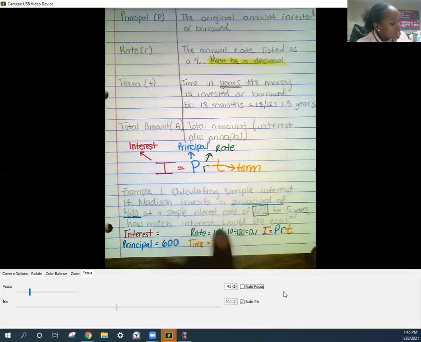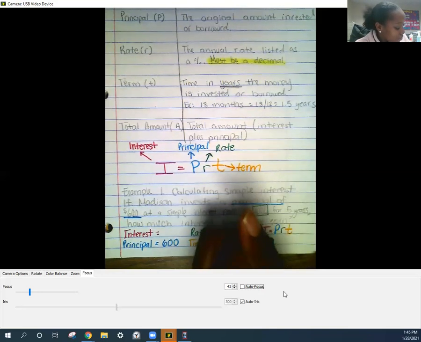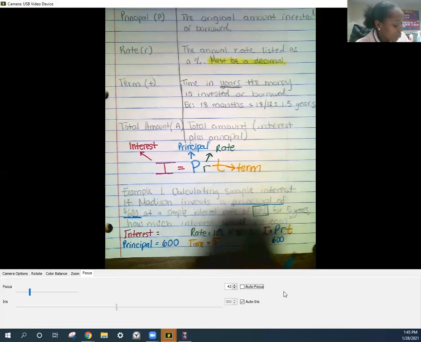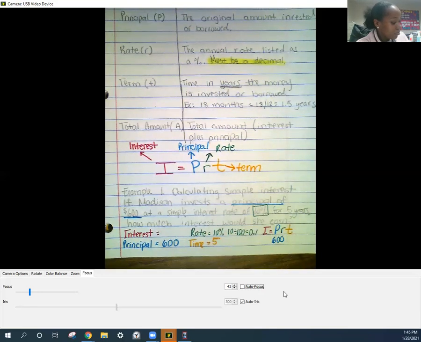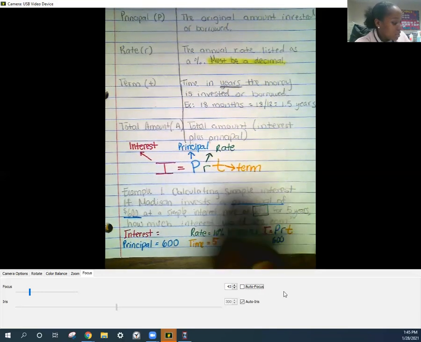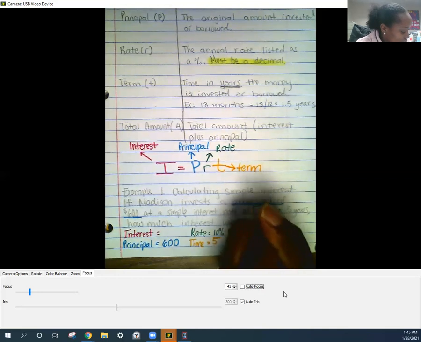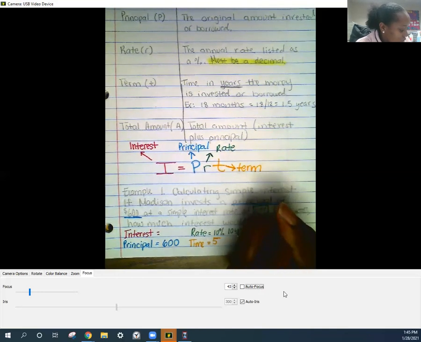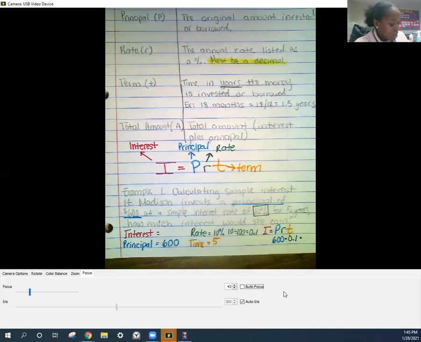And so in order to determine the interest, we're going to use our interest formula, and we're going to multiply the principal times the rate times the time. So we have 600 times 0.1 times the time, which is 5.